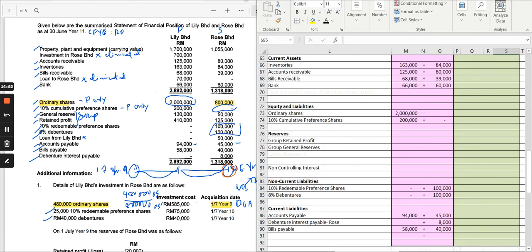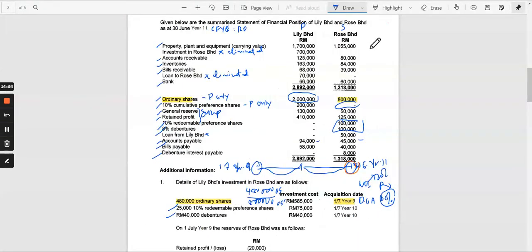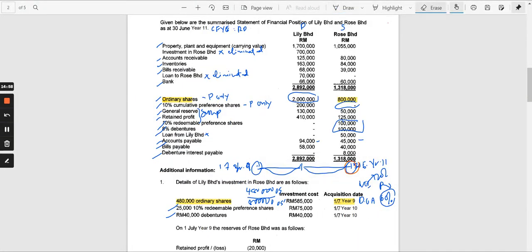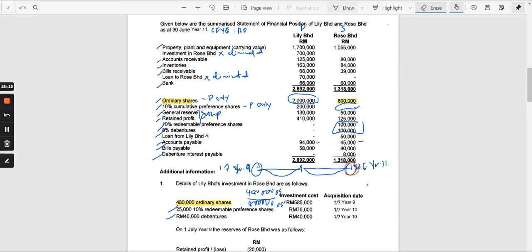Okay, let us look at this part here. We have already decided what is the percentage acquired in parent and what is the percentage acquired in the subsidiary. Earlier we have done that. Remember, the parent and NCI was 60% and 40%.